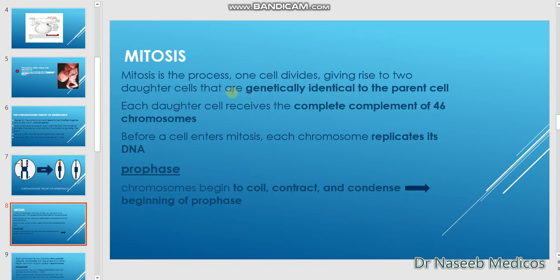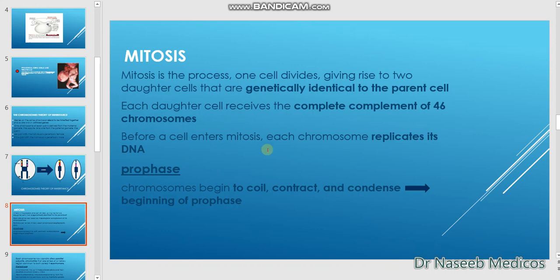Each daughter cell receives a complete complement of 46 chromosomes. If a cell divides through mitotic division, it will make exactly the same cell as before. If an epithelial cell of the skin divides, it will produce exactly the same cell as it was before.